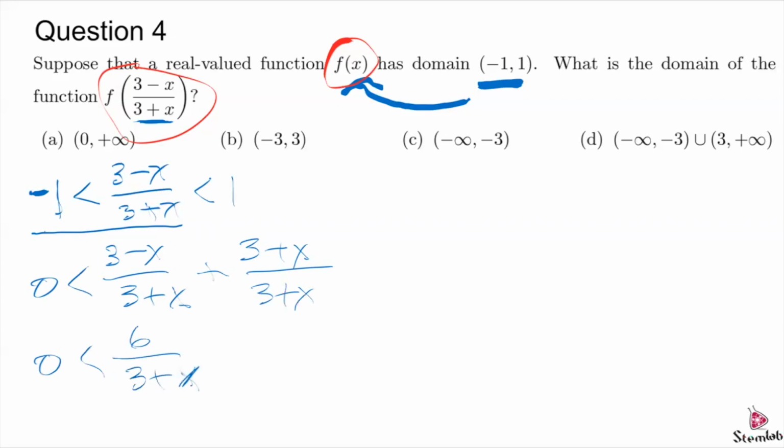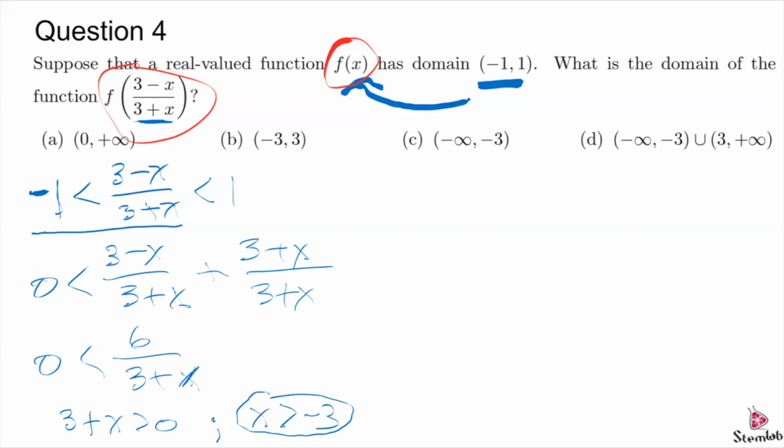For the expression on the right to be greater than 0, numerator and denominator have to be both positive or both negative. The numerator is already positive, it's 6. So really our only constraint is 3 plus x has to be greater than 0, or x has to be greater than -3. So that's one constraint. We now have to solve the right side of the inequality to see what the overlap conditions are, and that will be our domain.